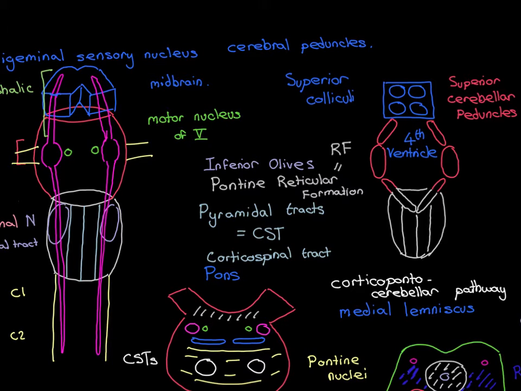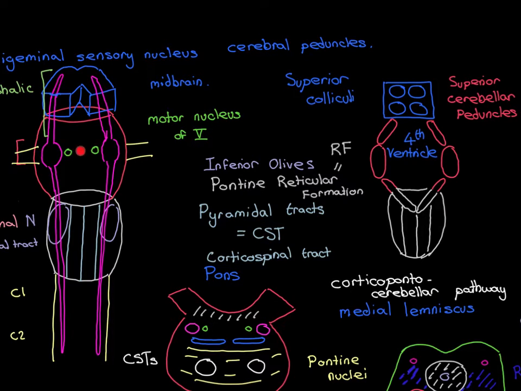And to get a complete understanding of the anatomy of this trigeminal nucleus, what we have been doing is taking cross-sections at different levels to see where it is relative to other important structures at that level. So far we have taken an axial section through the rostral midbrain and seen the mesencephalic portion of the sensory nucleus of the trigeminal nerve.